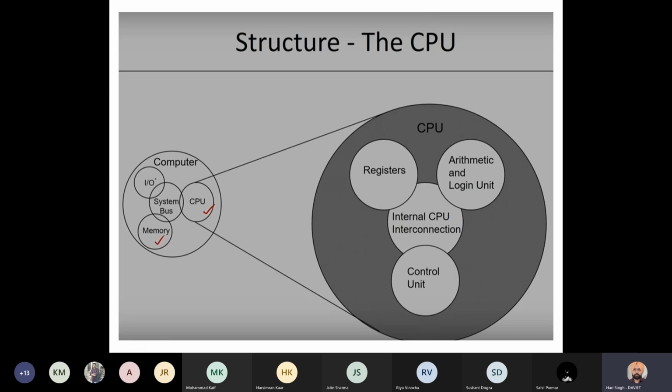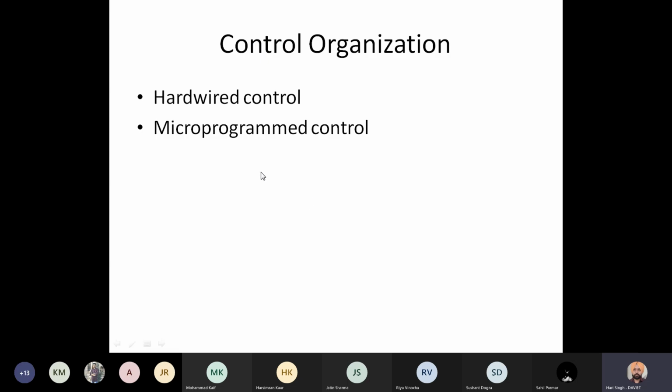There are two ways in which a control unit can generate the control signals. One is the hardwired control mechanism. Second is by using the microprogram control mechanism. In hardwired control, the instruction fetching, decoding, and execution are all done by means of hardware.